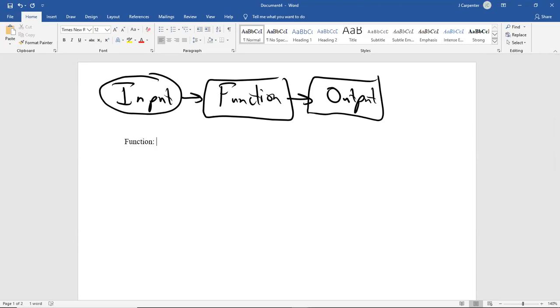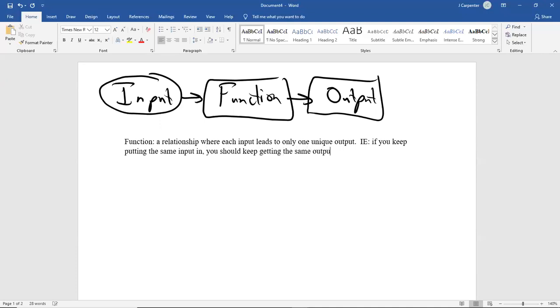A function is a relationship where each input leads to only one unique output, which means in other words, if you keep putting the same input in, you should keep getting the same output, or it's not a function.